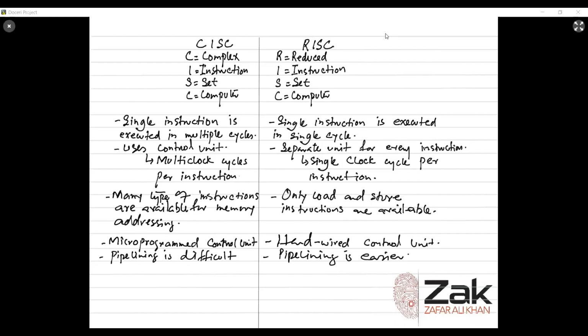That unit only takes one instruction and sends it to the respective circuit to execute that instruction. Over here, there are no respective circuits. It is microprogrammed, so it does it itself. Pipelining is difficult, pipelining is easier. Now, what is pipelining? This would be related to another topic. Later, we will do it tomorrow.